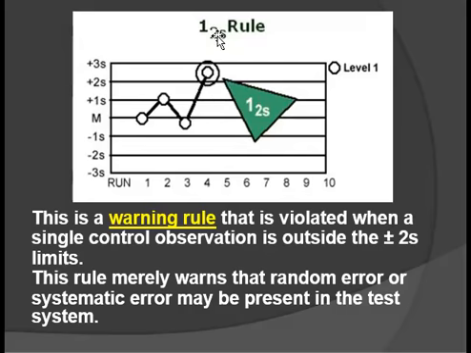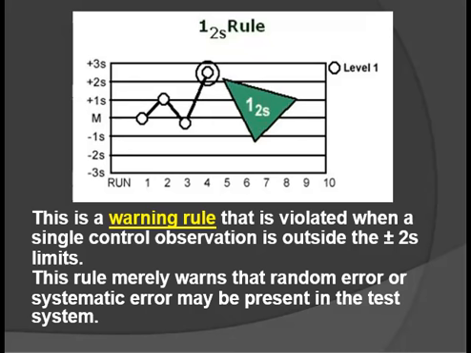When we say 1-2S rule, there is already one value that is outside the plus minus 2SD limit. But again, that is only a warning. It's not a reason for rejection pa. Warning lang siya.